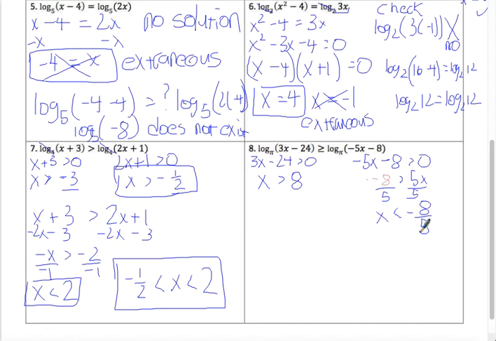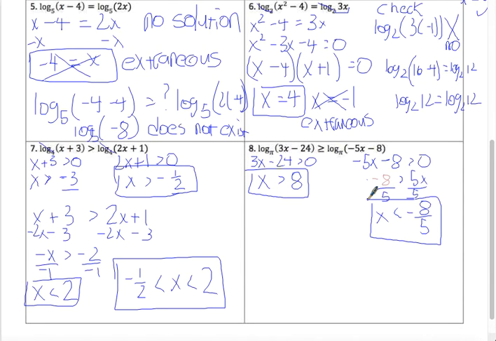Now here, right away, we can see something. We have x has to be greater than 8, and x has to be less than -8/5. This is before even solving it. Can x be greater than 8 and less than -8/5 at the same time?